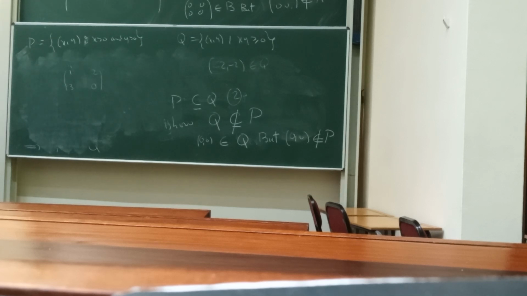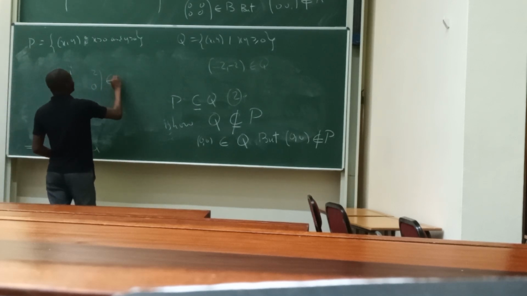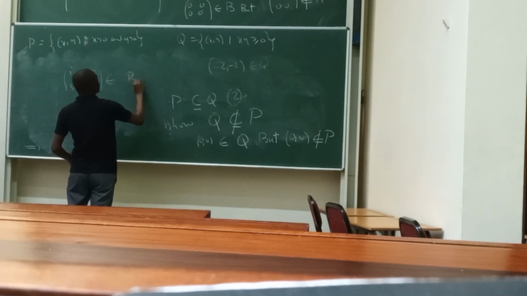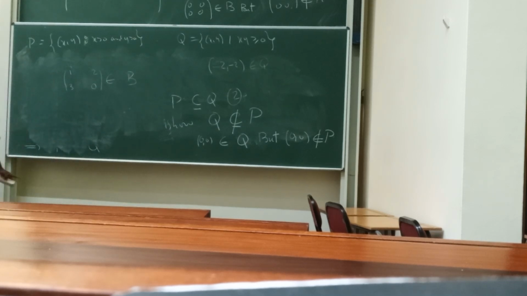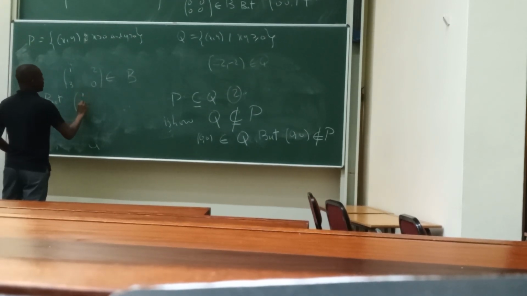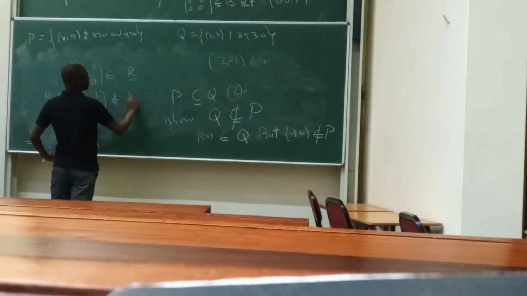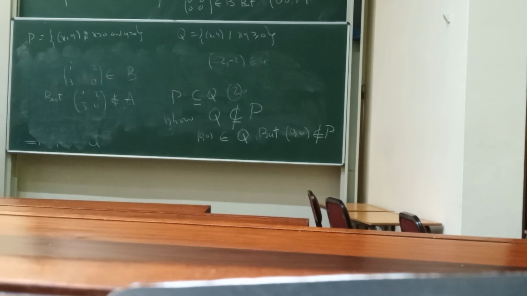So this element here is in B. But 1, 3, 2, 0 is not in A. Do you understand why it is not in A? Because D is equal to 0.